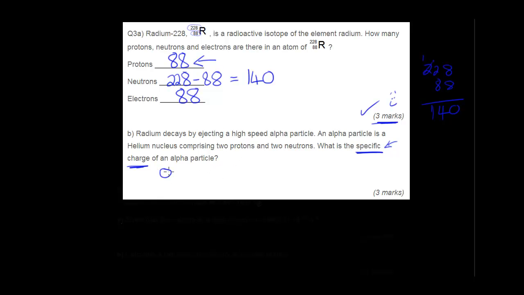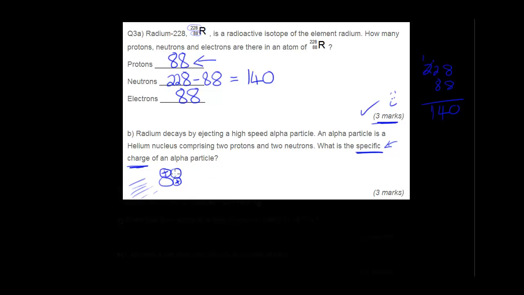Here is an alpha particle, diagrammatically. We've got 2 neutrons, 2 protons, and it's traveling at high velocity.